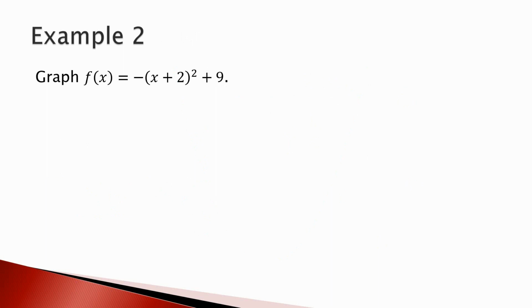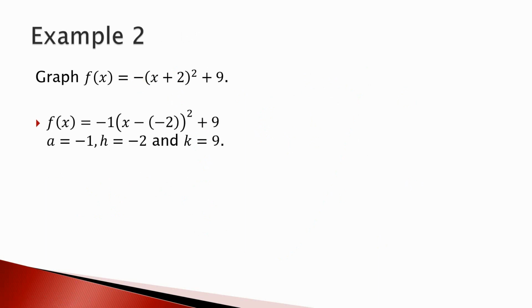Okay, example 2. Graph this function. Here a is negative, so it will open downward and it will have a maximum. Again, be careful, you have to write this in the exact standard form.